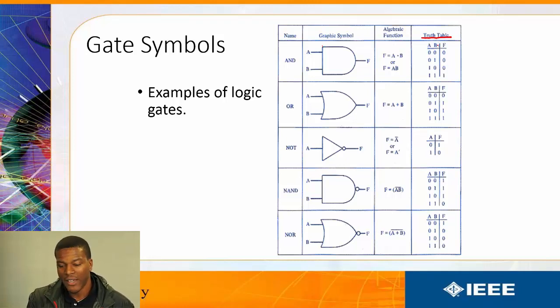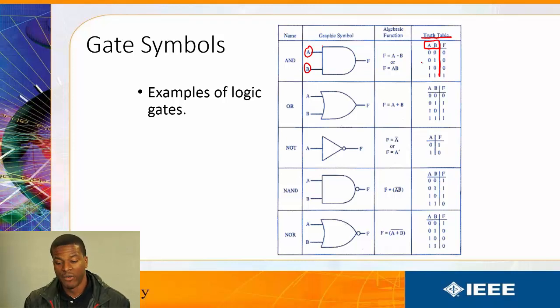So generally on the left side of the truth table, you list all of your inputs. And then after you list all of your inputs, which in this case are just A and B, you list each combination, all possible combinations that could occur with those inputs.